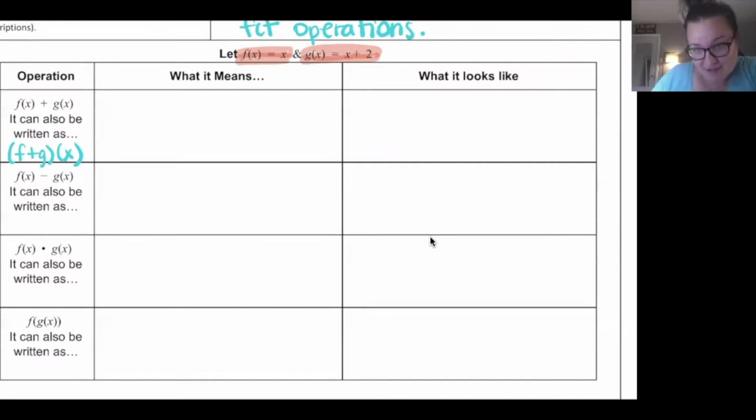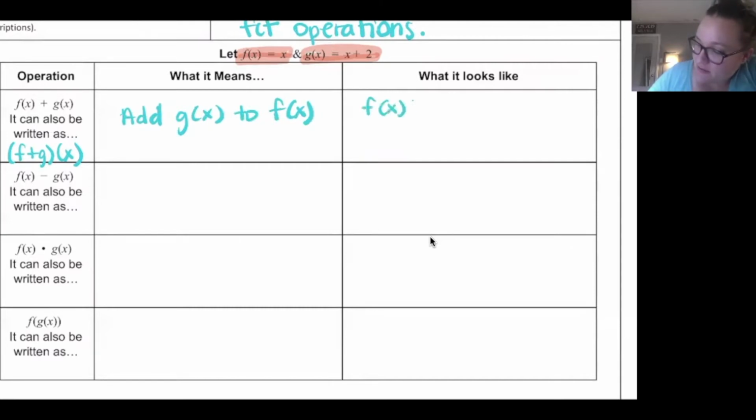What it means is that you are going to add g of x to f of x. You're literally going to take those two functions and add them together. So in our case, f of x plus g of x looks like x plus x plus 2. All I did was take the first function and add it to the second function.